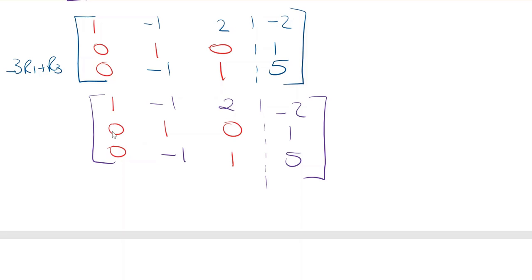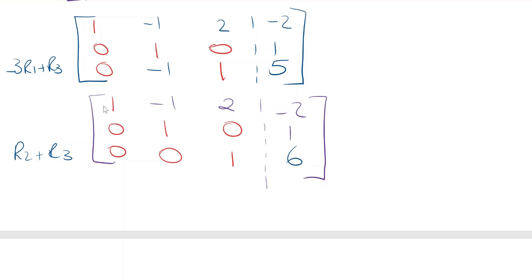I can add. If I add row 2 plus row 3, these will cancel. So 0 and 0 is just 0, and this is going to change to a 0. For row 2, if I add these together, I still get 1. And if I add a 1 and a 5, this becomes 6.